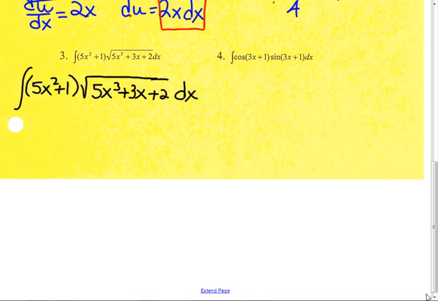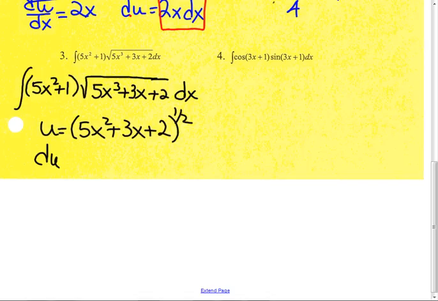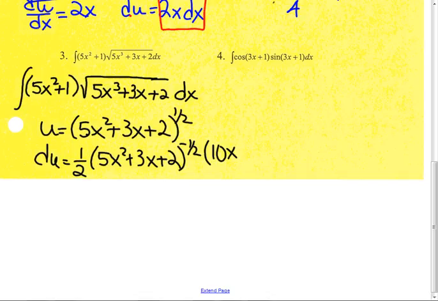I could do the square root, but then it gets complicated. Let's do that. U is equal to this. Square root is the 1/2 power, right? Then what would its derivative be? It's 1/2 (5x squared plus 3x plus 2) to the negative 1/2 times the derivative of this, which is 10x plus, oh, sorry, I copied that wrong.